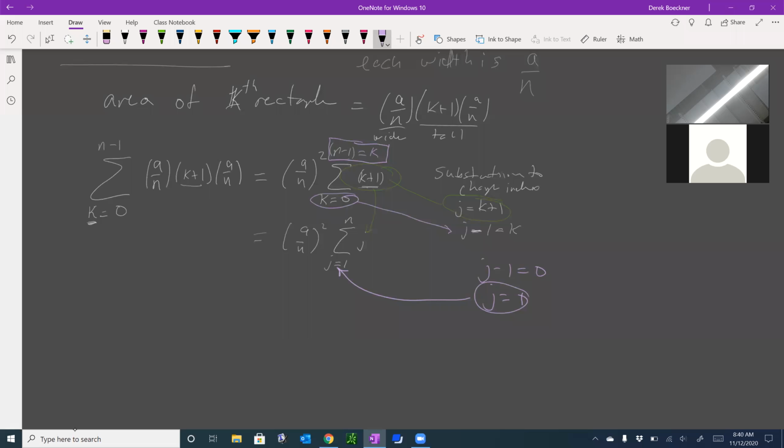So this is telling me I go from k equals 0 all the way up to k equals n minus 1. So I've got this expression up here with k equals n minus 1, which tells me that j minus 1 equals n minus 1, which tells me that j equals n, and that's going to be where I stop here.